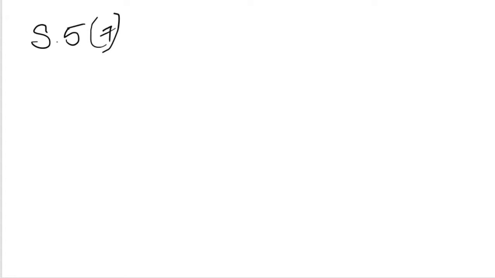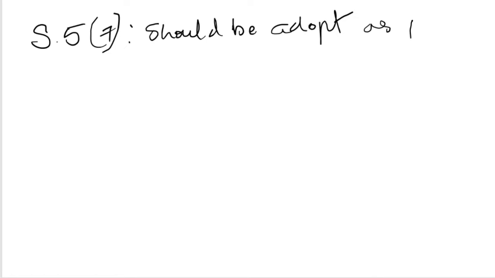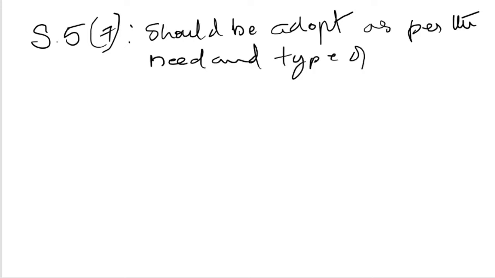So articles of association should be adopted as per the need and type of the company. The articles of association should be printed and divided into paragraphs and consecutively numbered.